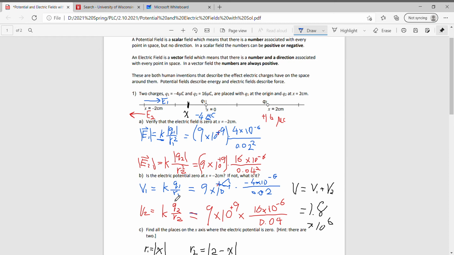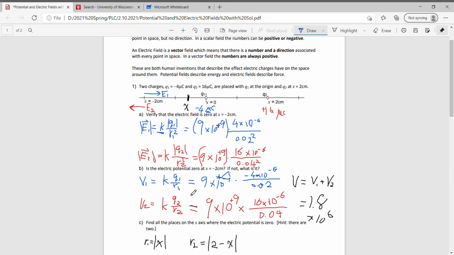So for the blue, we insert Q1 and R1, so this is K times Q1 with the minus sign in front, over 0.02, and the same thing for the red part. Okay, so let's add these two numbers up.